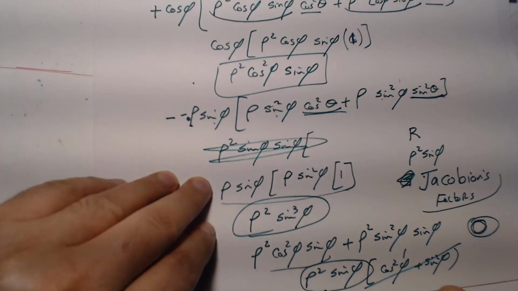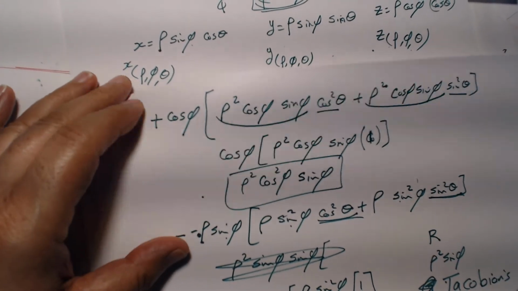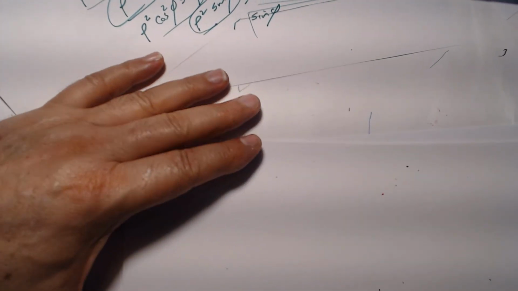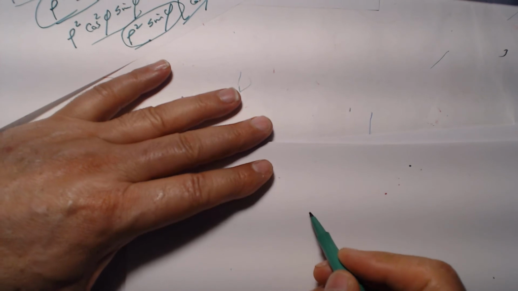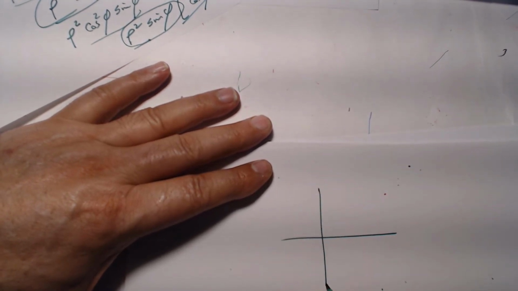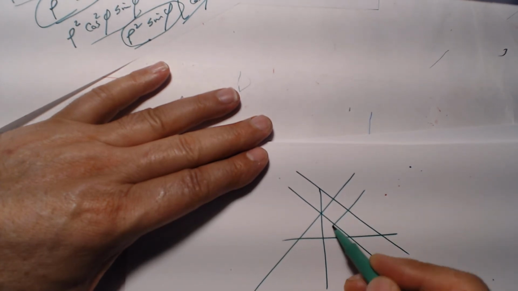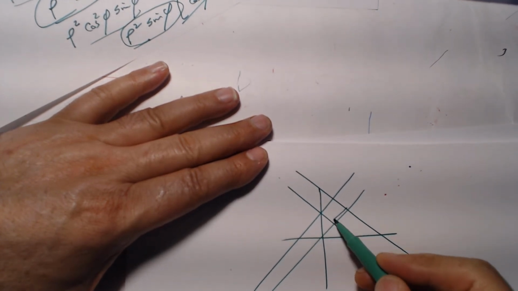Therefore, what is a Jacobian factor? There are many occasions you are integrating over some region, which region is very complicated. I'm going to make this region right here, see, and that region.